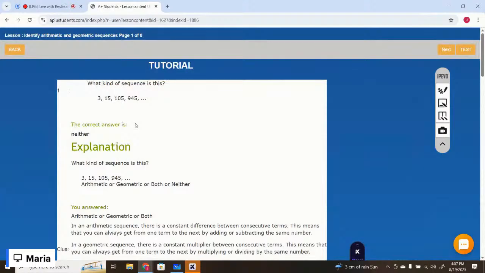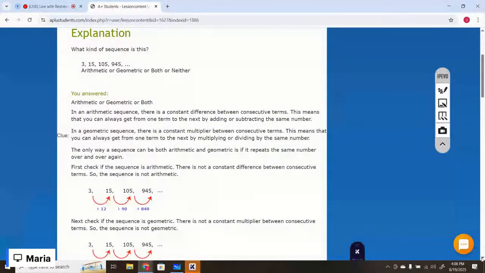Okay, let's start with an example. What kind of sequence is this? We need to see whether it is arithmetic, geometric, or both. So how do we know if it is arithmetic, geometric, or both?